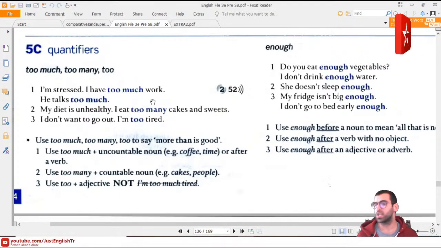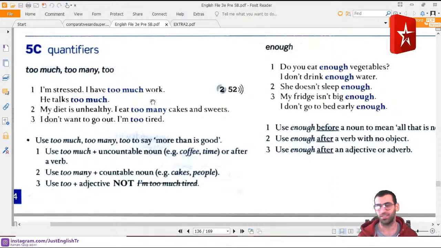And the next one is too, T and double O. Why do we use too? I don't want to go out. I am too tired. When we use too, it has a negative meaning. I am too tired. I am too sleepy. I am too anxious. Ayşe, be patient.